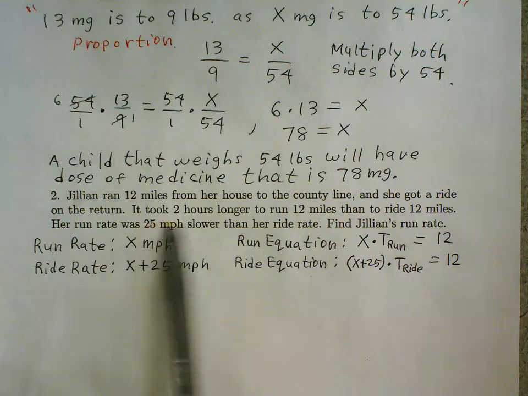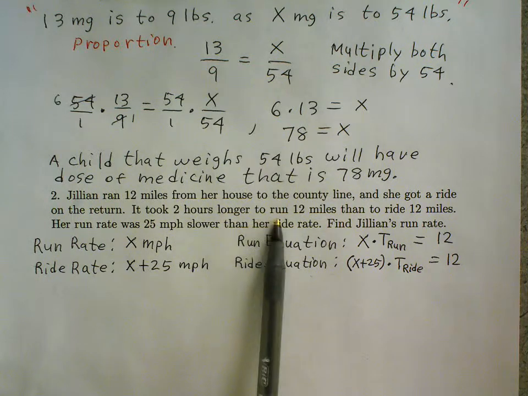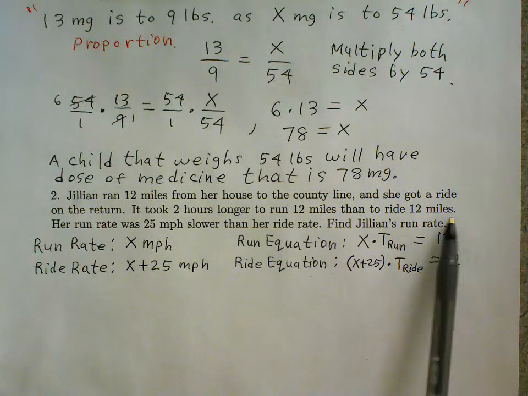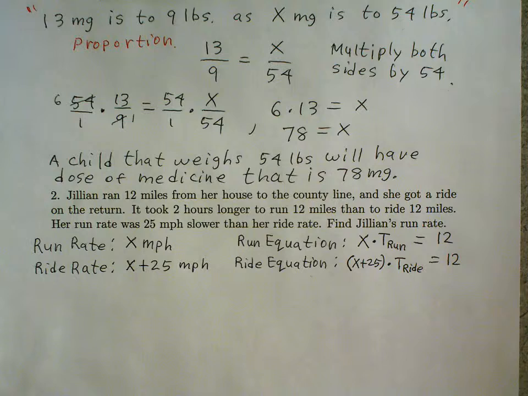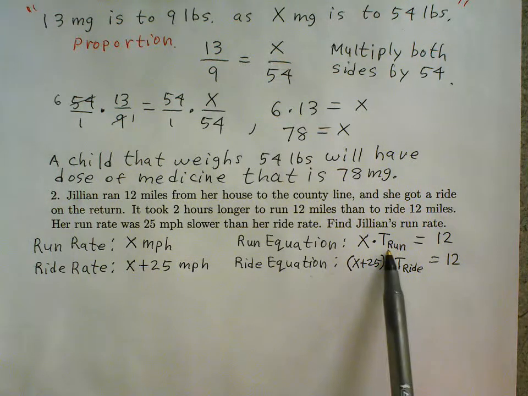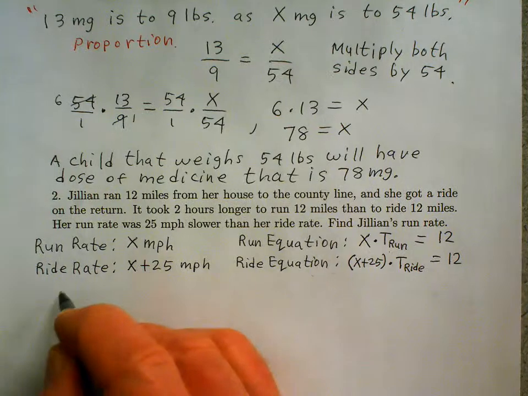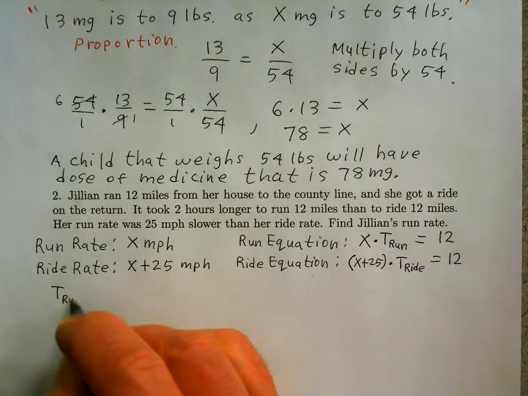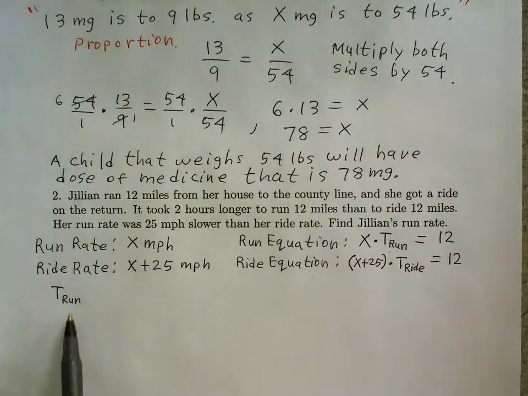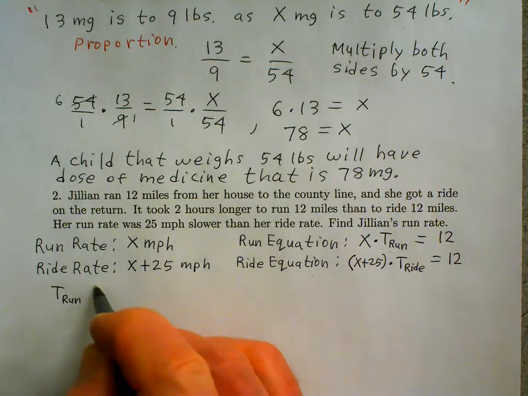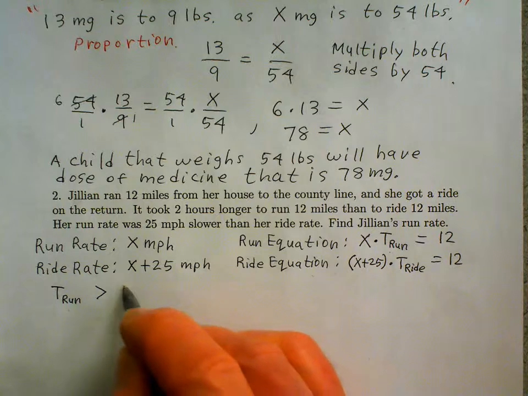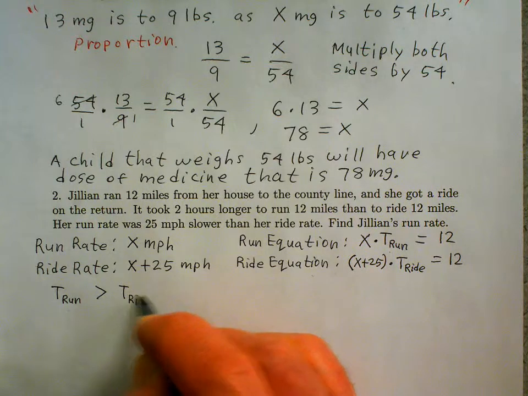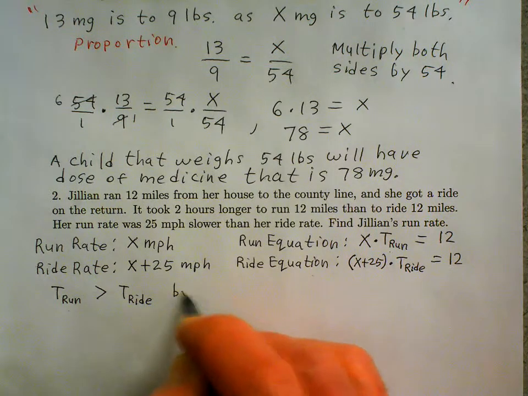It took 2 hours longer to run 12 miles than to ride 12 miles. So T sub run, that represents the amount of time it took her to run 12 miles. So T sub run is greater than T sub ride by 2 hours.